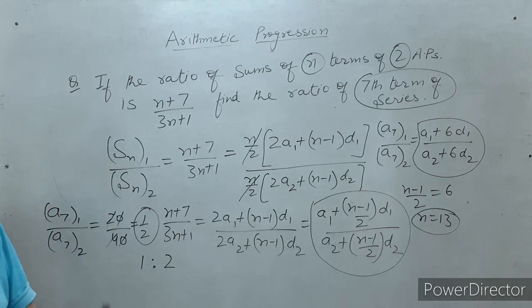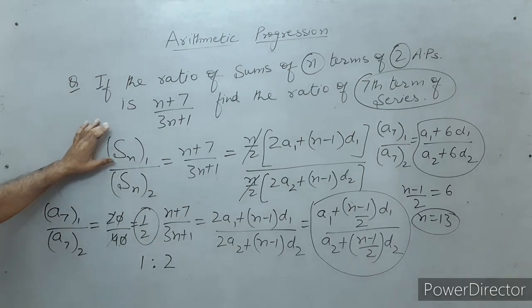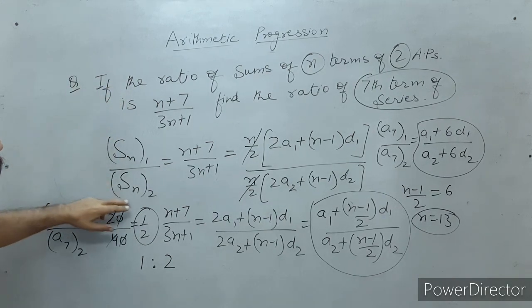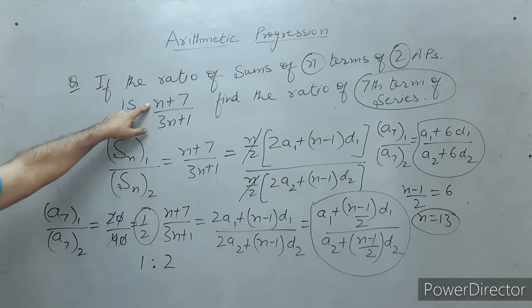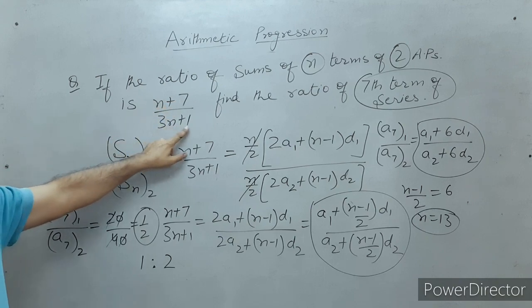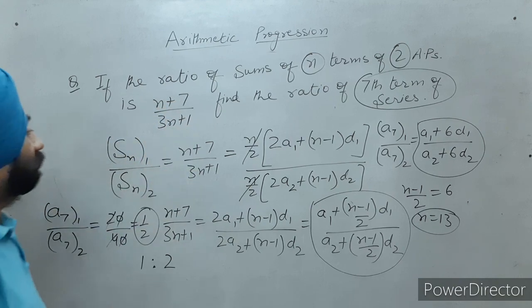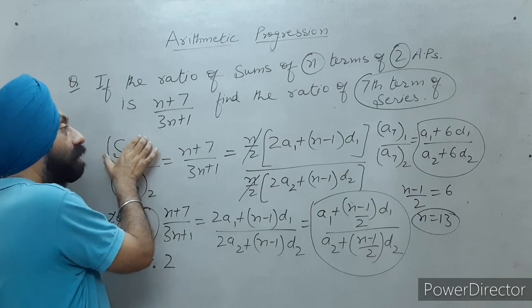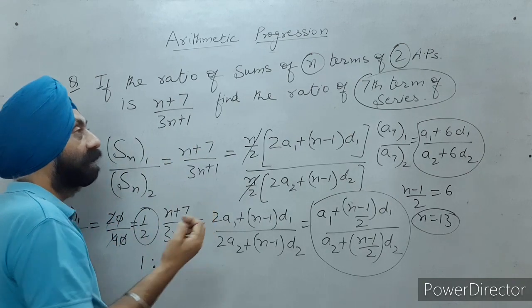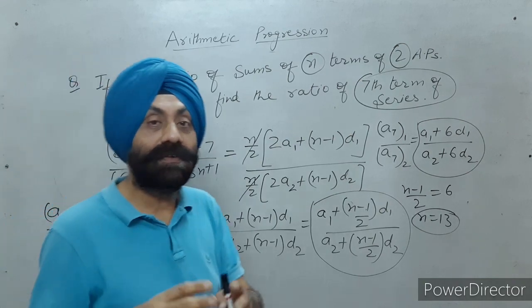I will again explain. Sum of n terms of first AP, sum of n terms of second AP. It was given as n plus 7, ratio 3n plus 1. Now what I have done, I have just substituted the value. Since it said first AP, there are two different APs.